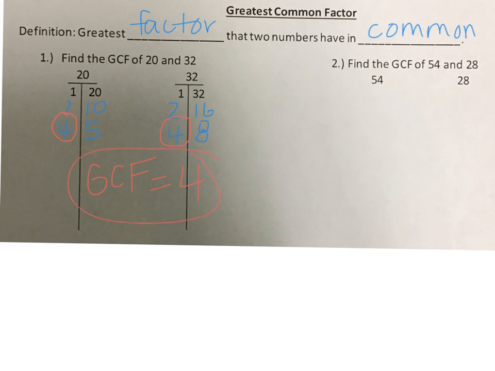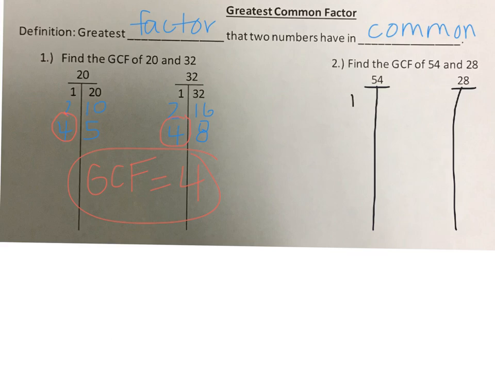All right, so let's take a look at number 2. It says find the greatest common factor of 54 and 28. So we have to draw our table, draw a line under 54, and then draw a line straight down. And same thing for 28. Whoa, that's a crooked line. So for 54, let's write out our factors.